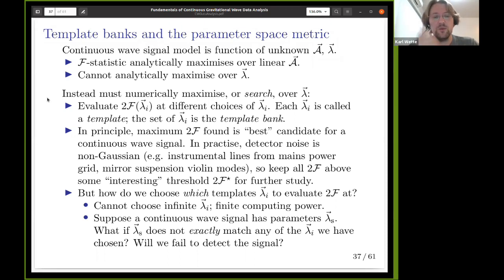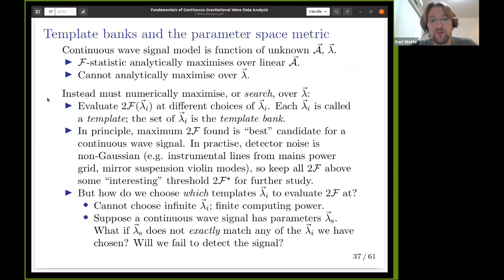So we basically need to do a numerical maximization, what we call a search over lambda. What we do is evaluate 2F at different choices of lambda, which I've called lambda i. Each of those lambdas is called a template, and if you take them as a set together, they're called a template bank. So we're picking different values, and then computing the F statistic for each of them.